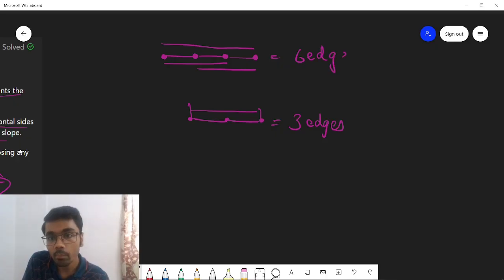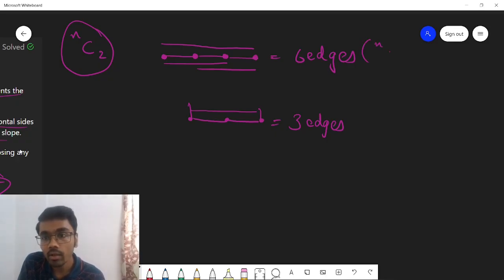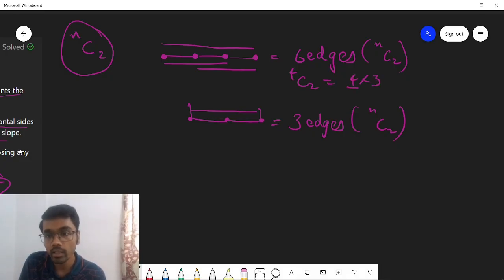So can you see a pattern? No matter how many points there are, to create an edge we only care about 2 points. So from n points, we need to select 2 points. So that is nC2. So our total number of edges will be nC2. In this case, there were 4 points. So 4C2, that is 4 times 3 by 2, which comes out to be 6.